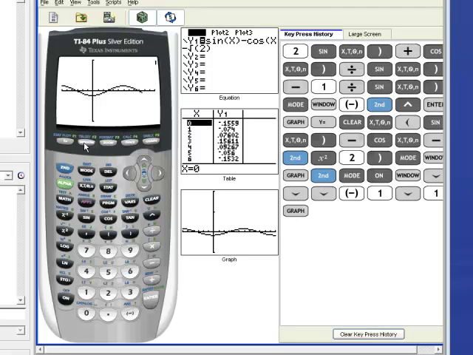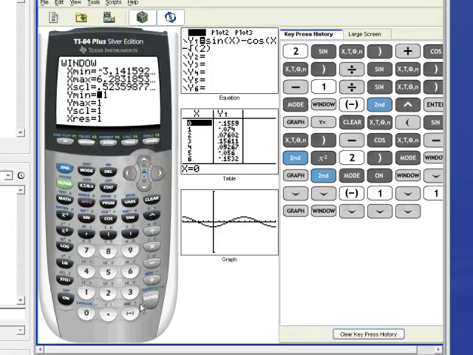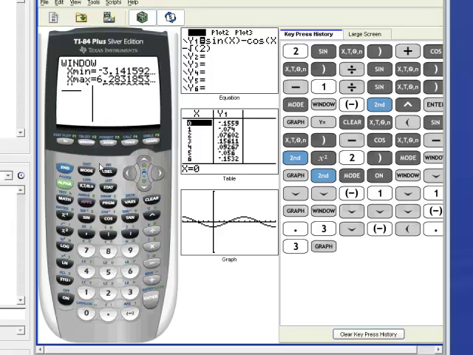And I may even want to be even closer. I'm going to do 0.5. It's just going to be easier to see. Or maybe -0.3 even, and 0.3. There we go, finally.